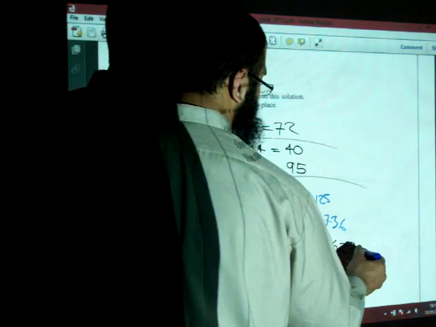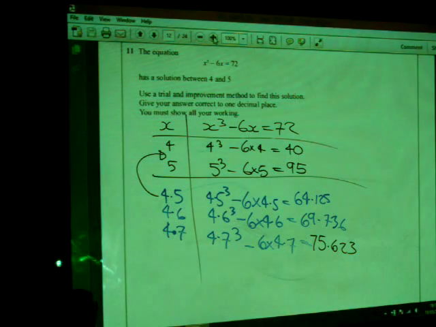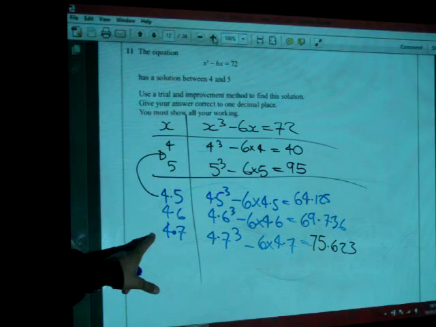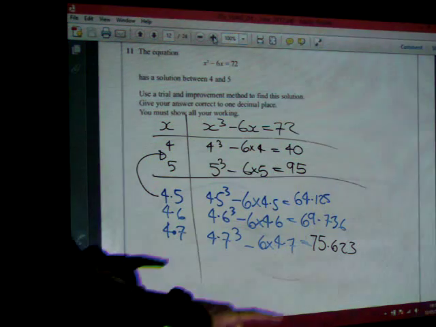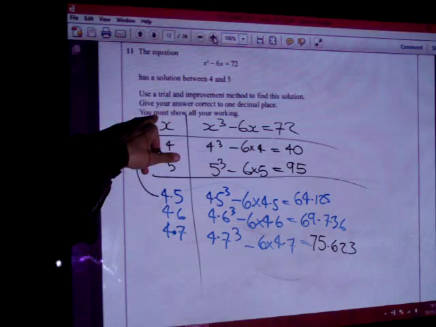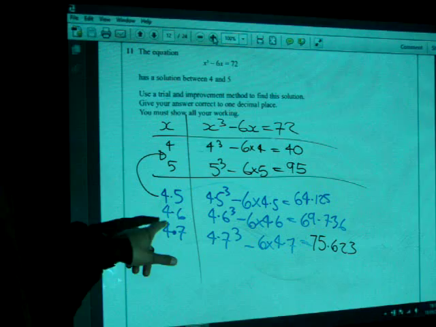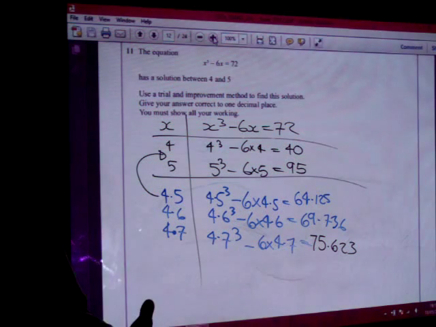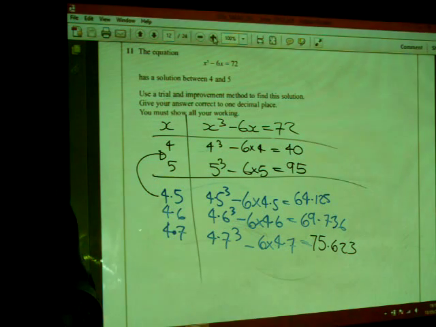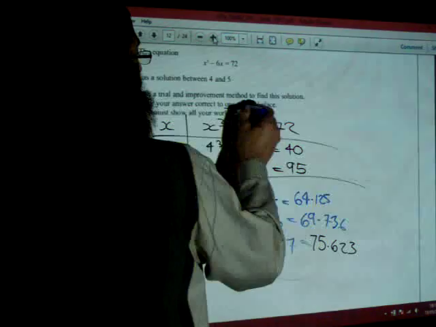Now we need to work out, of these two, 4.6 and 4.7, which one is the closest to 72. The question says to give the answer to one decimal place, so we can't go to 4.65 or 4.67. Do you understand? Yeah. We can't go to a second decimal place because the question has restricted us to one decimal place.